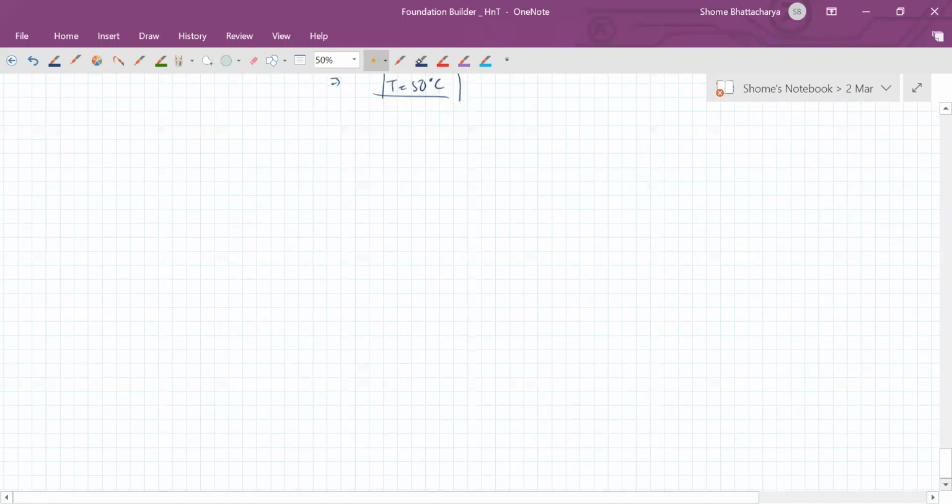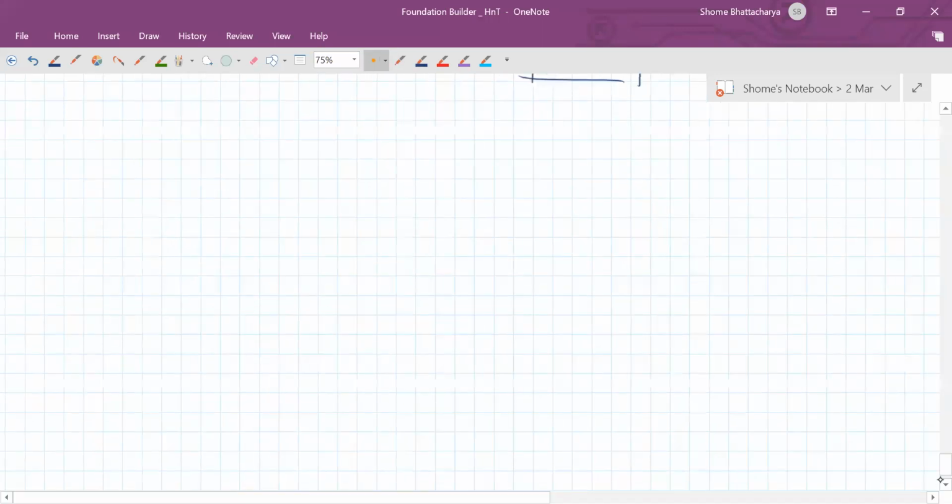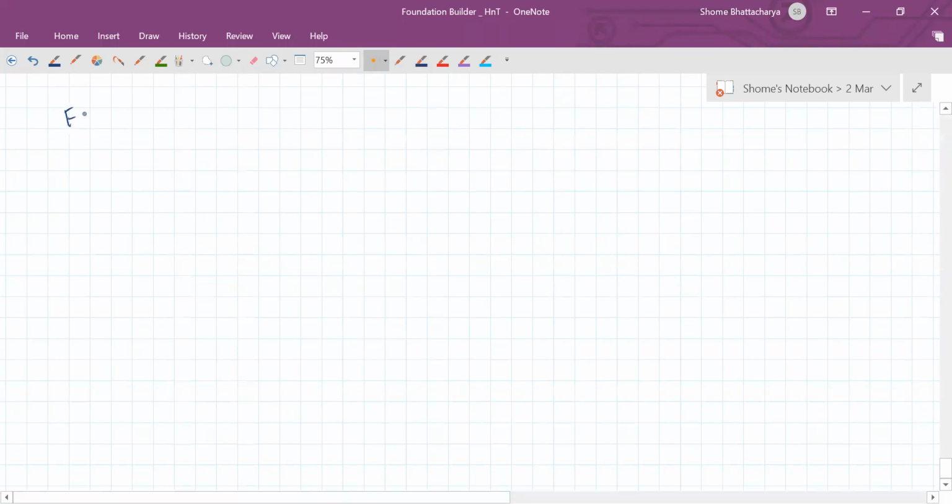So another example of a thermometer, or the principle of a particular type of thermometer, is the constant volume gas thermometer.